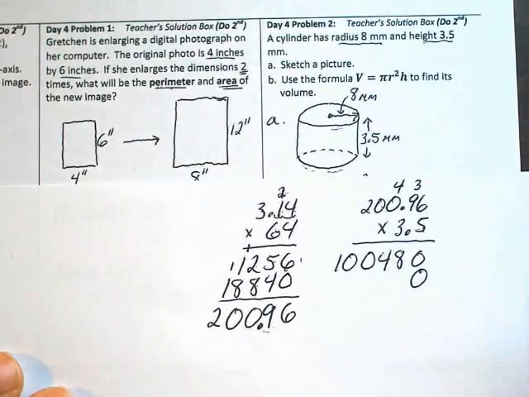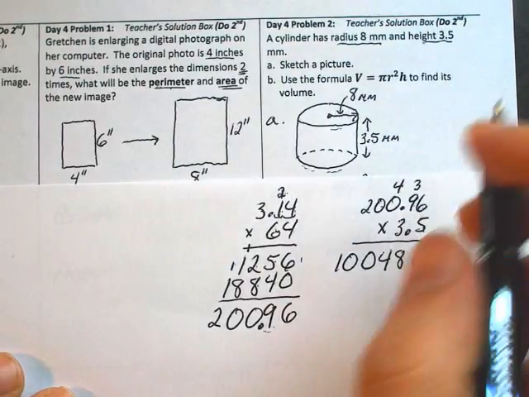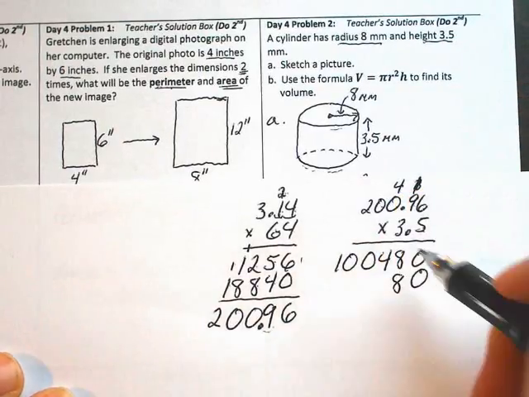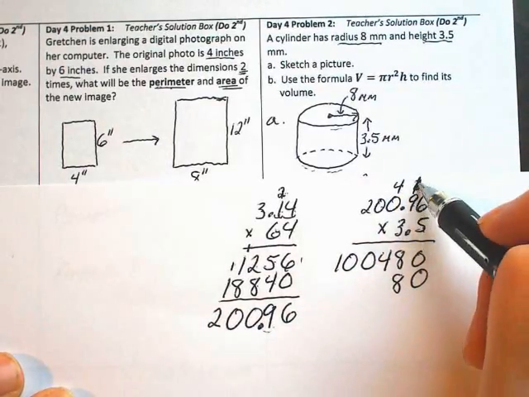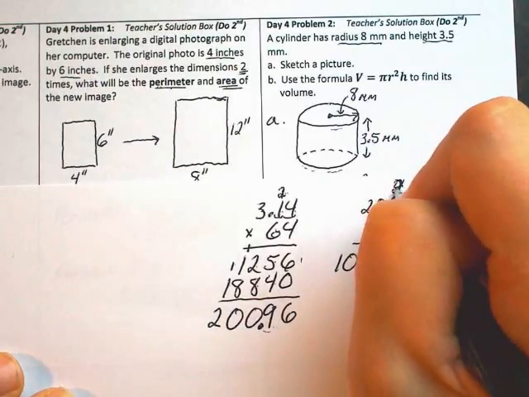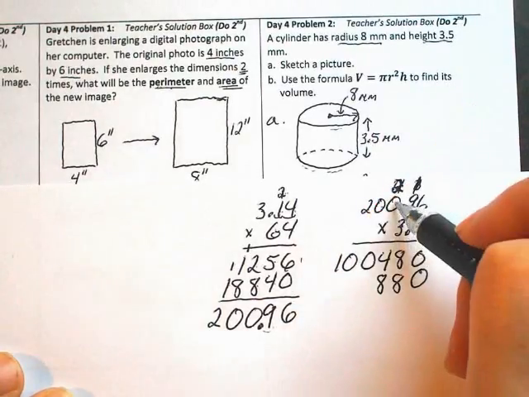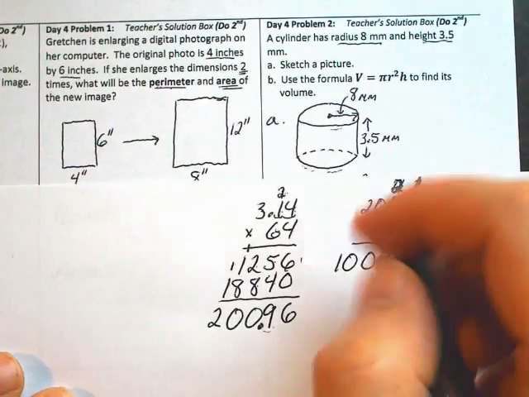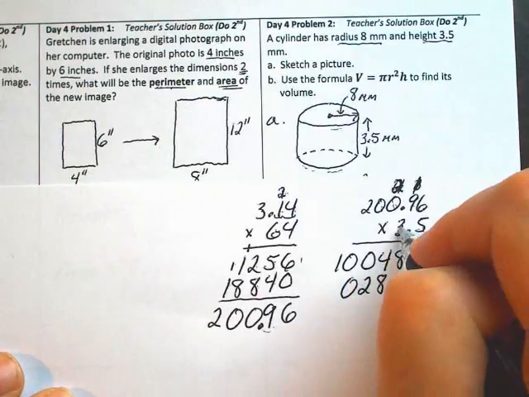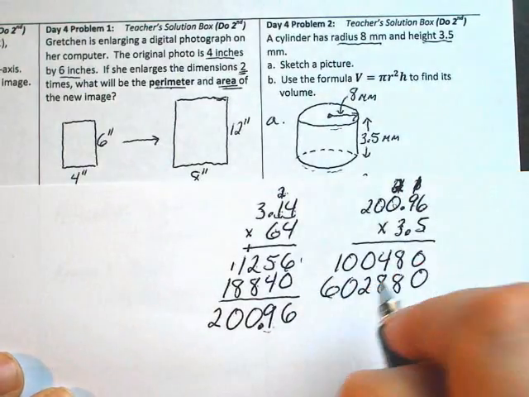Start the next row with a 0. 3 times 6 is 18. Carry the 1. 3 times 9 is 27, plus 1 is 28. Carry the 2. 3 times 0 is 0, plus 2 is 2. 3 times 0 is 0, and 3 times 2 is 6.